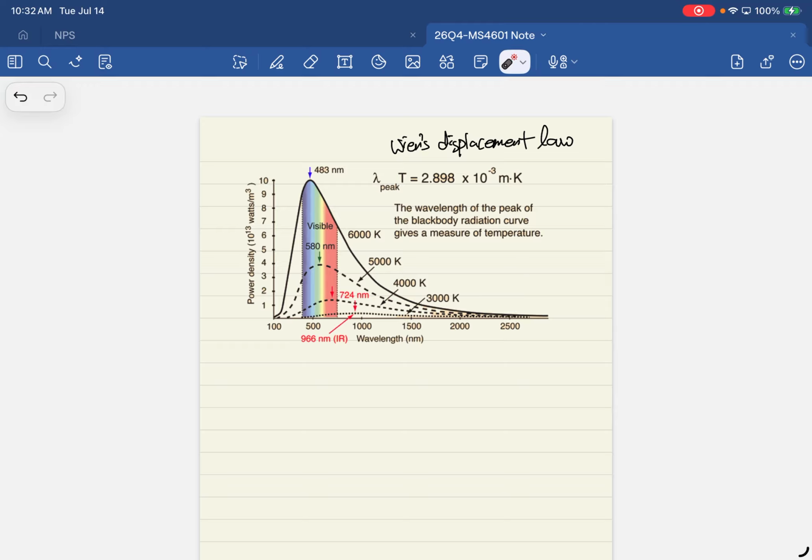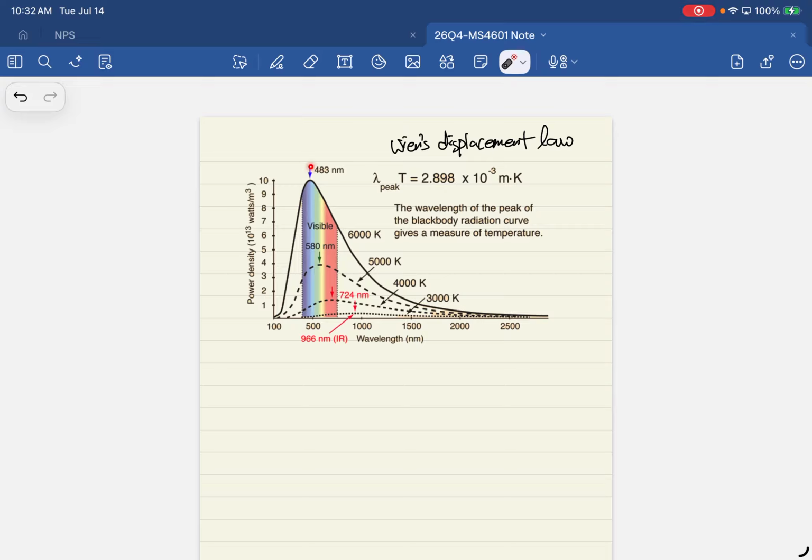So if you look at it, 6,000 Kelvin is approximately the sun's temperature. The sun temperature is about 6,000, and that is ideally the blackbody radiation spectrum. So when you look at the peak radiation, around which electromagnetic spectrum is it? Visible spectrum, right?